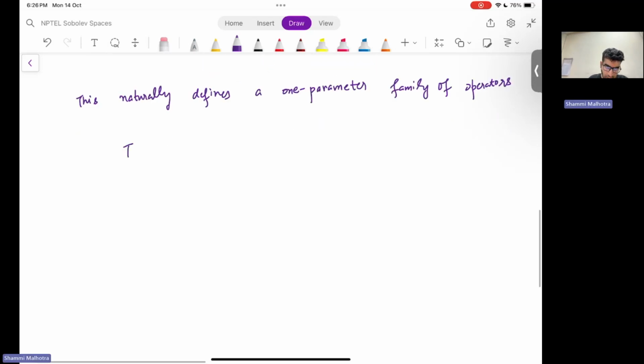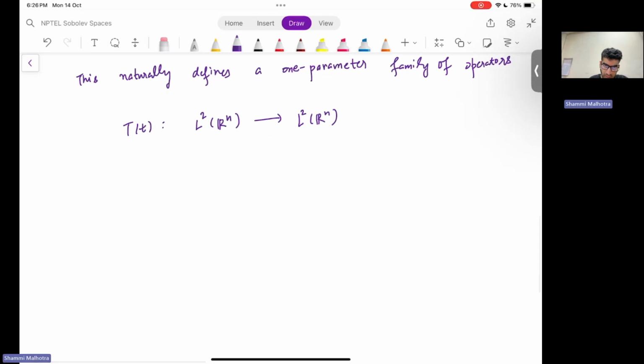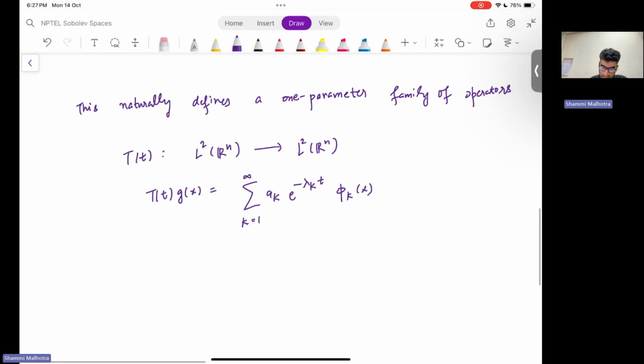They are given by T(t) from L2 to L2, and it is given as T(t) g (x) to be summation k from 1 to infinity a_k e to the power minus lambda_k t phi_k(x).